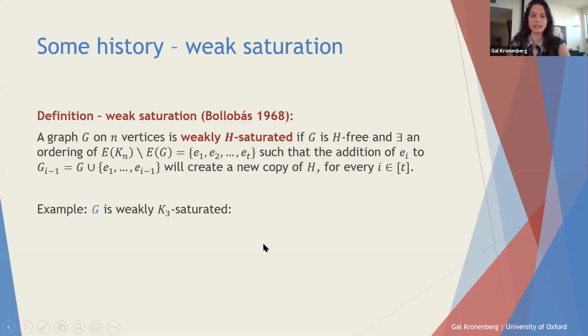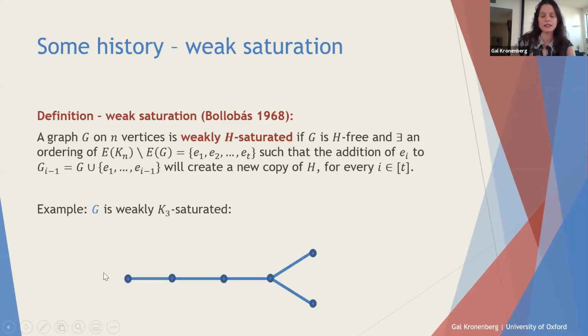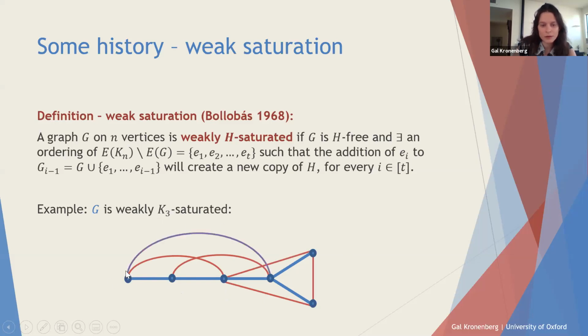So let's now see an example. I claim that this graph G is weakly K3-saturated. Let's see why. I have some ordering of the missing edges. I can add this edge because it will create a triangle. I can also add this edge because it will create a triangle. Also this one, this one, this one. And now I can add this one because with the red and the blue it creates a triangle.